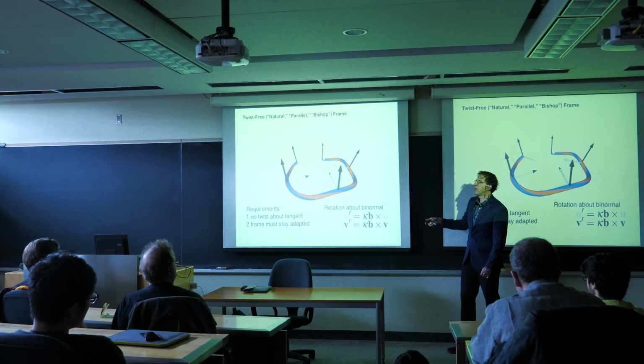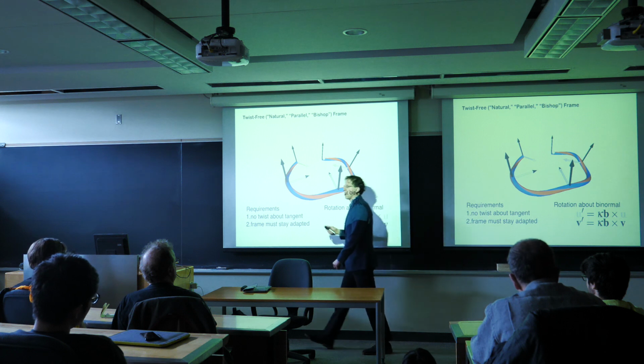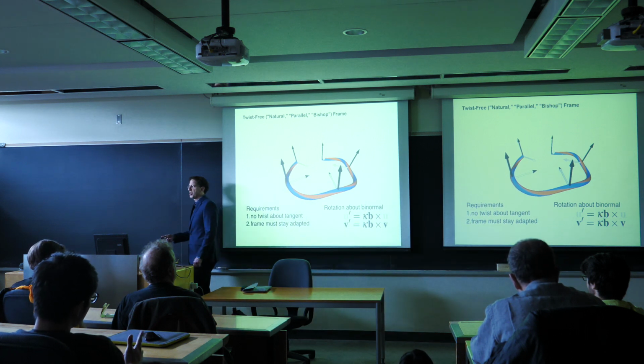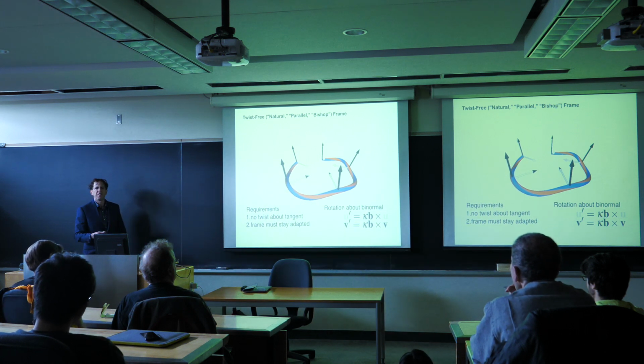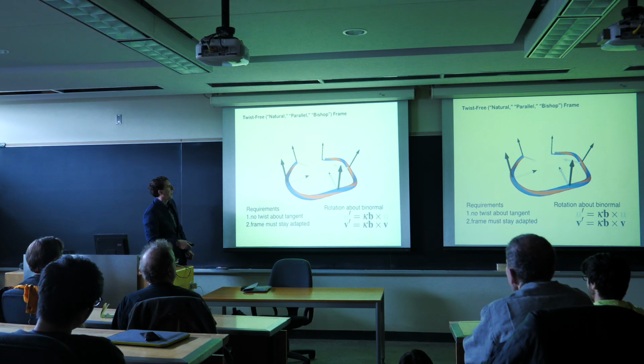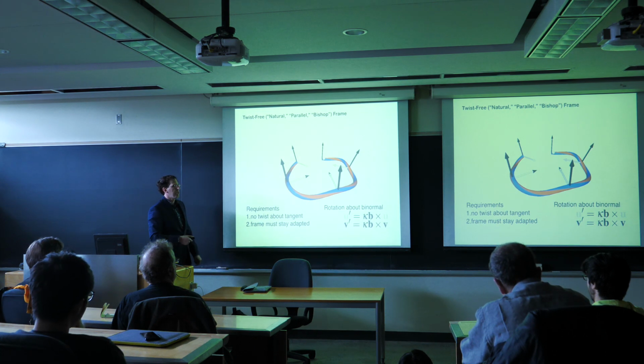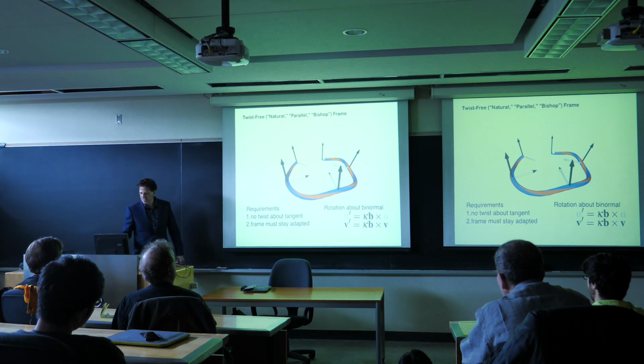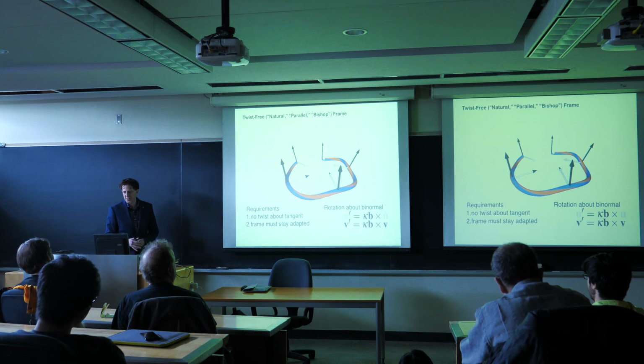And in this case, the Darboux vector is the curvature binormal. So kappa here is the curvature, and b is the vector binormal. So if we evolve in that way, we always rotate about the binormal of the curve, then we have this nice graphic here that we're as twist-free as possible.